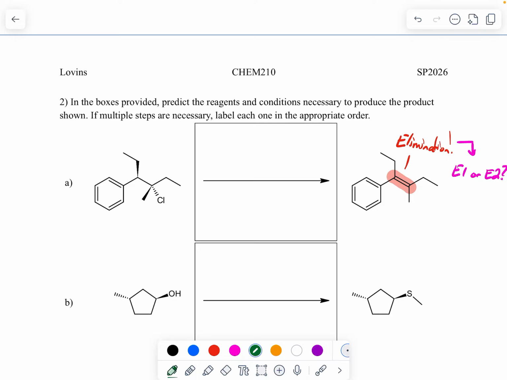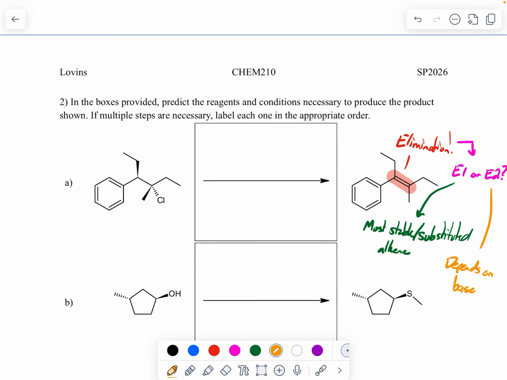For an E1 reaction, we know that this will always form the most stable, most substituted alkene. However, for E2, we would say this depends on the base. So we have to ask ourselves, is the alkene shown the most stable, substituted alkene, or does it depend on the base that's used?